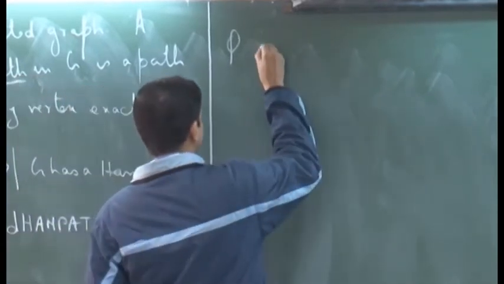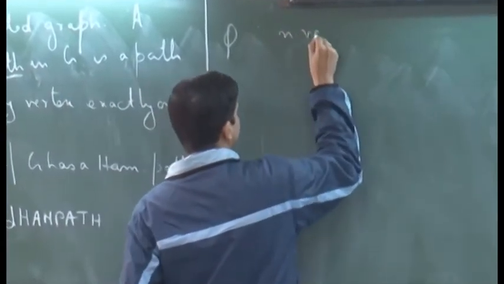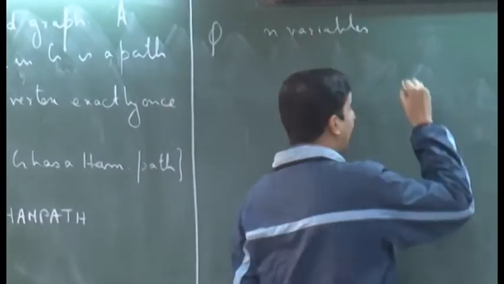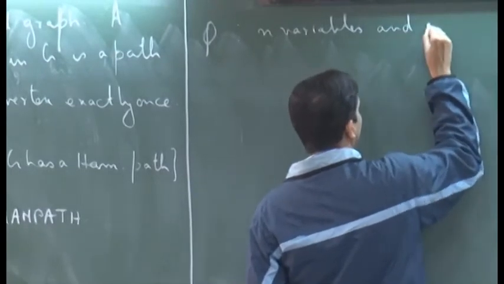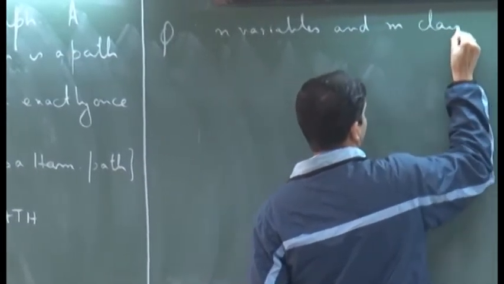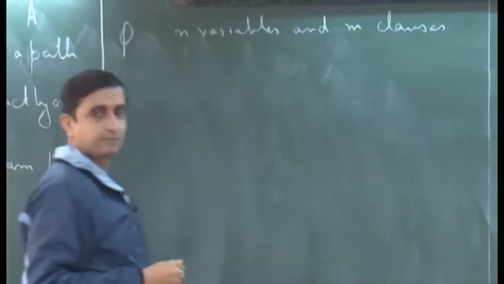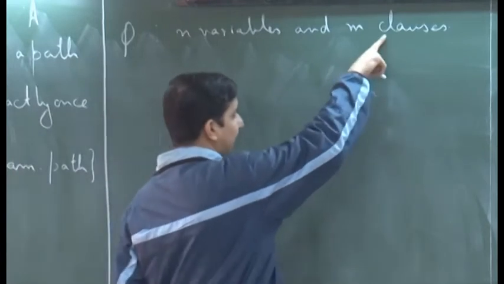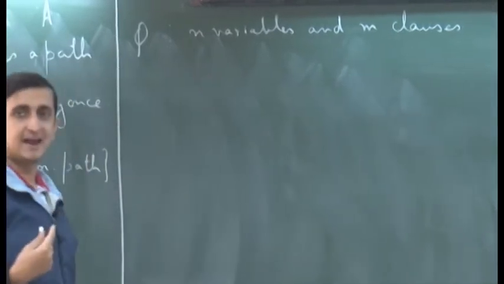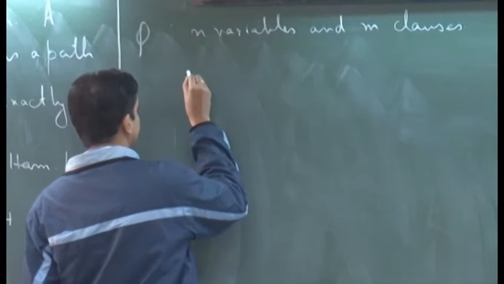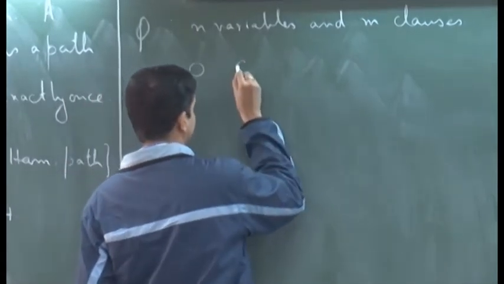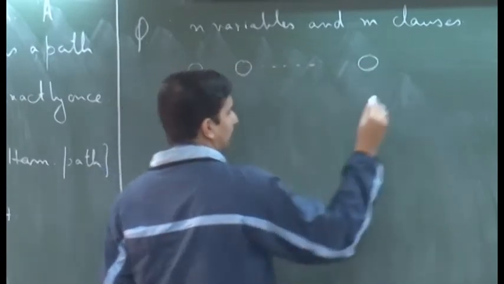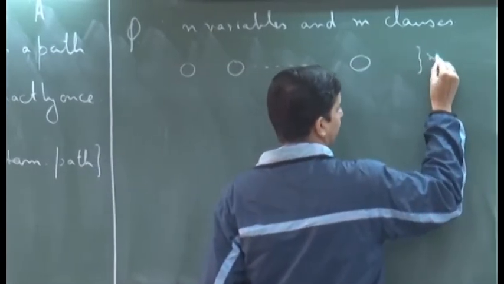Let us say that phi has n variables and m clauses. So, our graph will look as follows. For each of the m clauses, we will first add a vertex in this graph. Let me draw a picture. So, we have some m vertices.